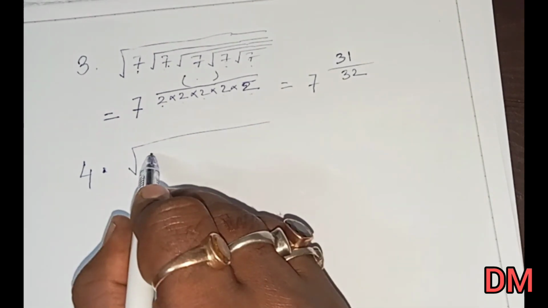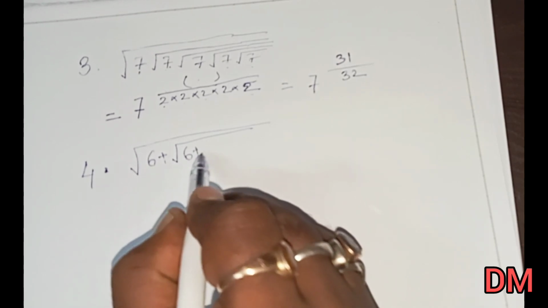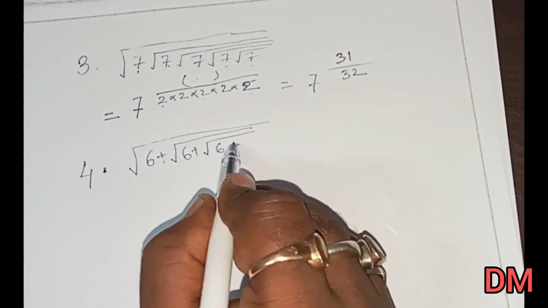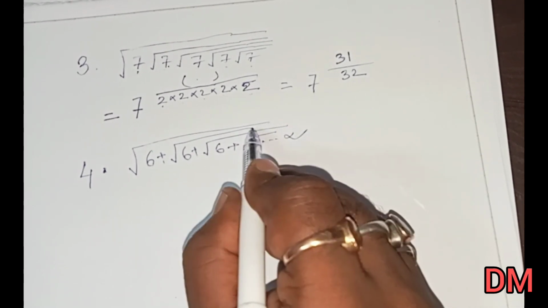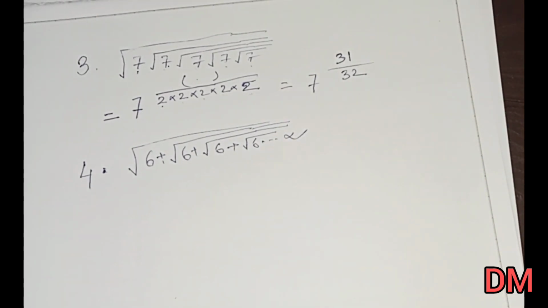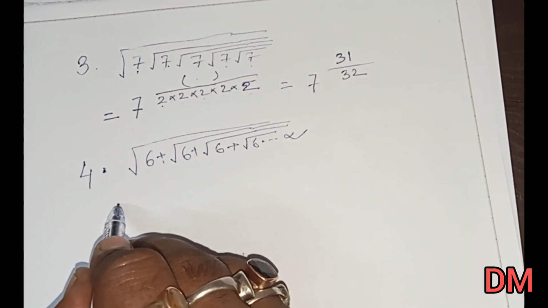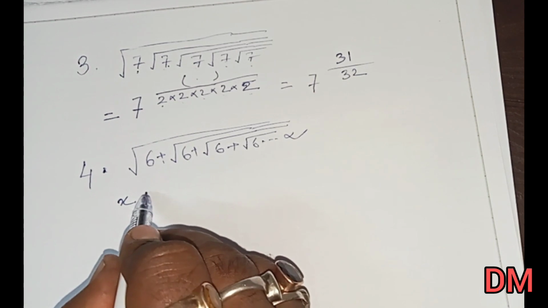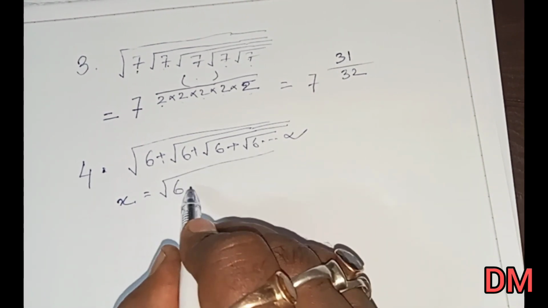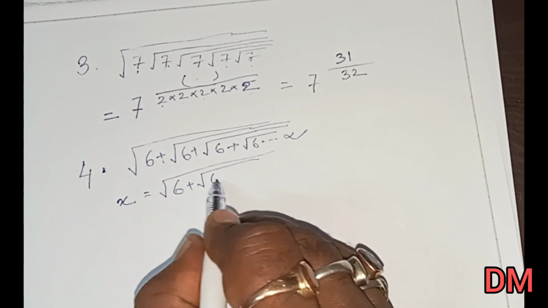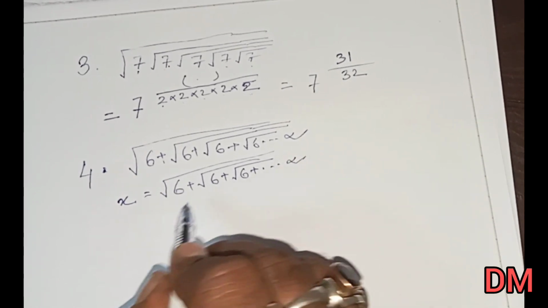root 6 plus root over 6 plus root over 6 plus root over 6 up to infinity. So what is the method? The method is, if that is equal to x, equal to this whole term, 6 plus 6 plus 6 up to infinity.